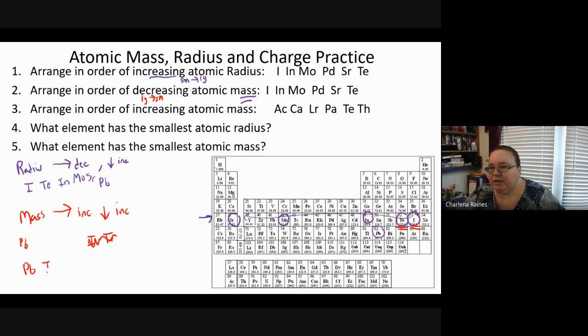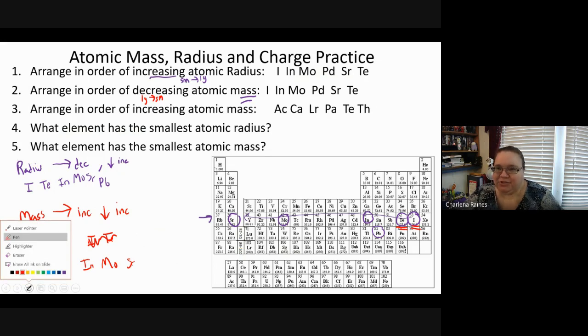So tellurium is the next largest, with iodine being the next one, followed by indium, followed by molybdenum, and then strontium being the smallest mass. So mass, always double check the periodic table just to make certain it's not one of those weird exceptions.